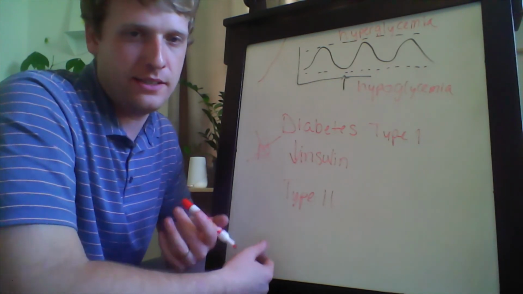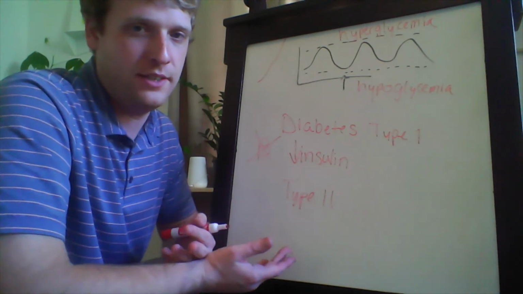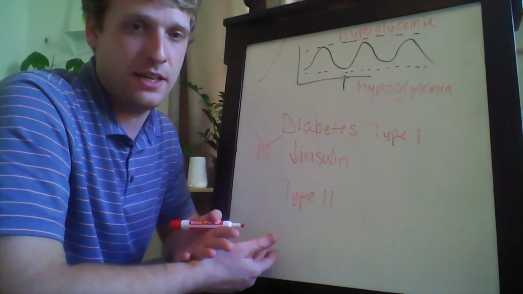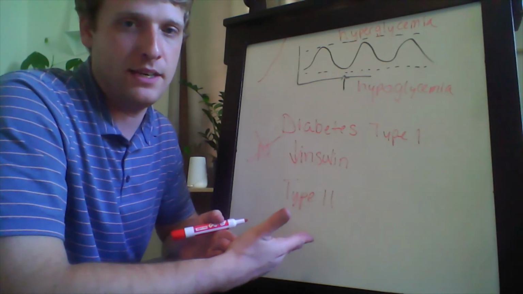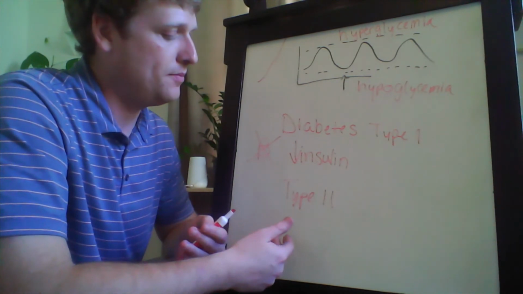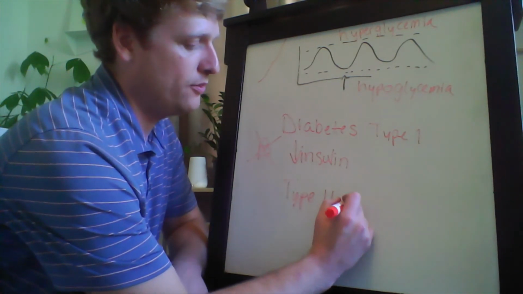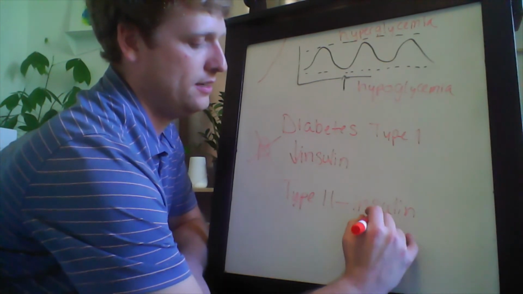You can still get insulin production, but the cells that respond to insulin under normal circumstances, in type 2 diabetes, which is acquired diabetes, something you're not born with, you develop over time insulin insensitivity.